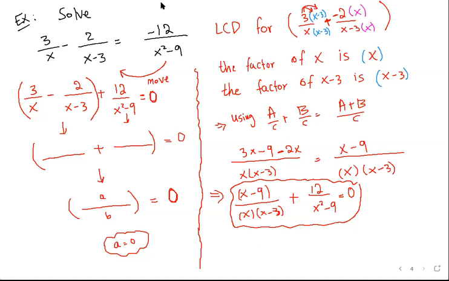Okay, we're going to find the least common denominator between this fraction and the other one. First we factor the second part, x squared minus 9.